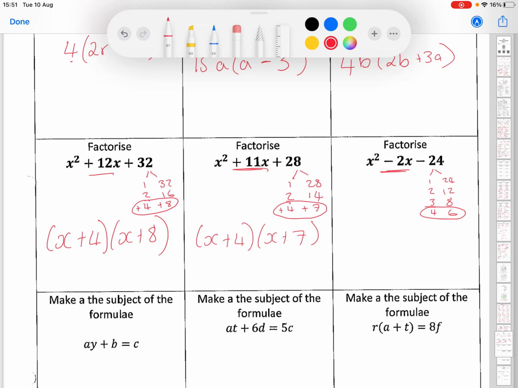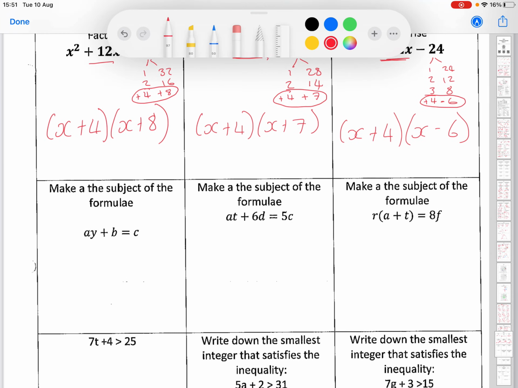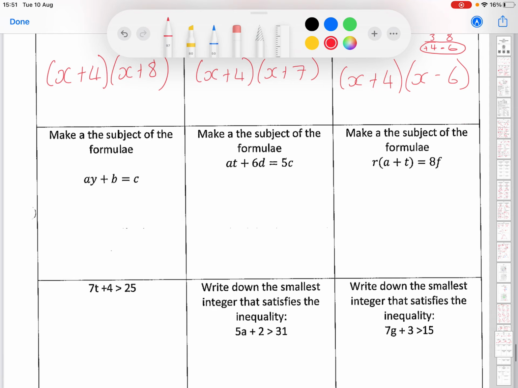Now there's only 4 and 6 can make minus 2. Think about which one needs to be the negative. If you did minus 4, add 6, that makes positive 2. So it needs to be minus 6, add 4. So one of your brackets is going to be x plus 4. The other bracket is going to be x minus 6. It doesn't matter which way around you write it. If you've done the x minus 6 first or x plus 4 first, it doesn't matter.